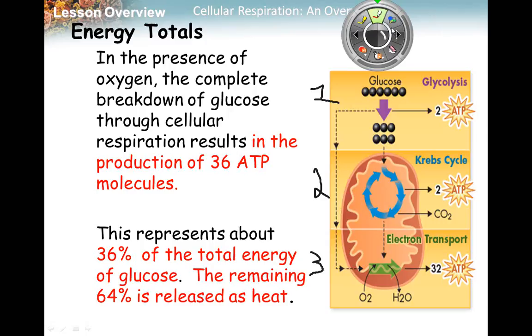We make two in glycolysis, 2 in the Krebs cycle, and 32 in the electron transport chain. You add those up, that gives you your total amount of ATP. 32, 33, 34, 35, 36.